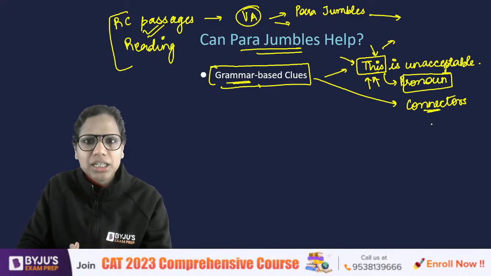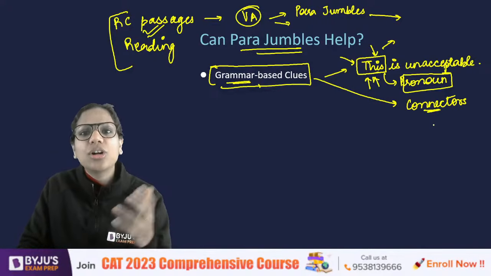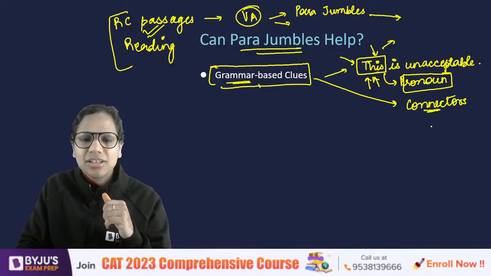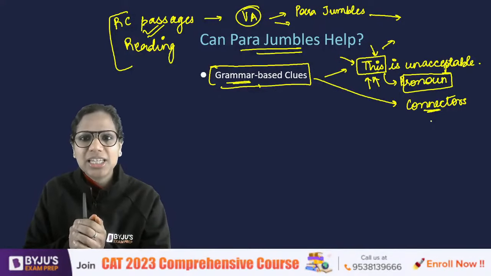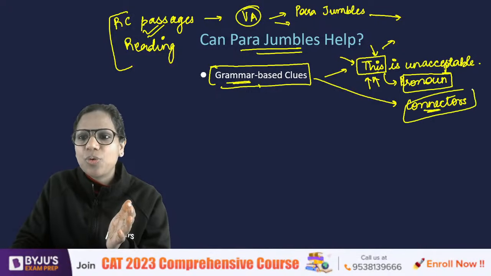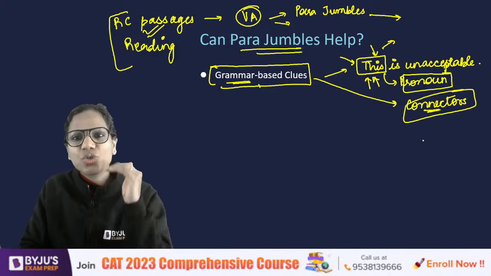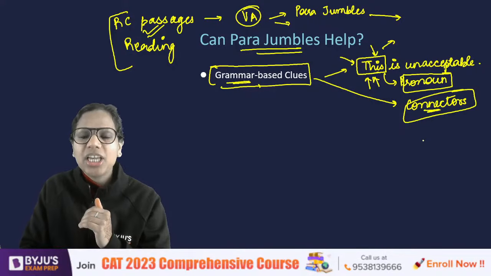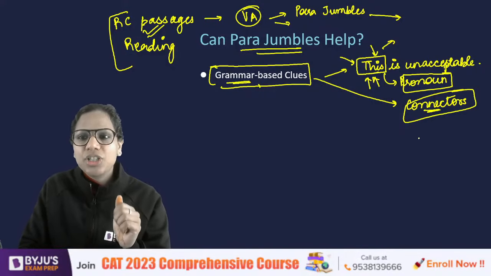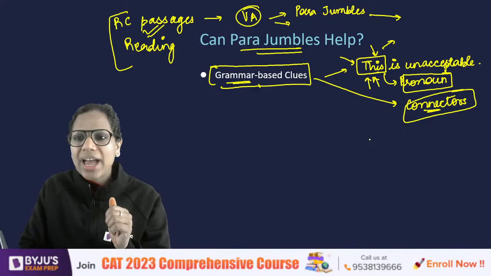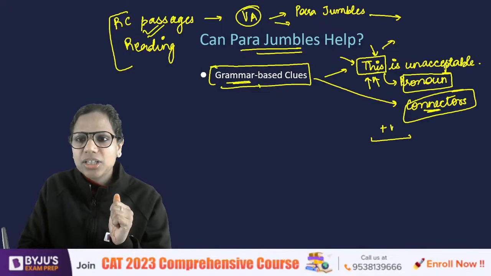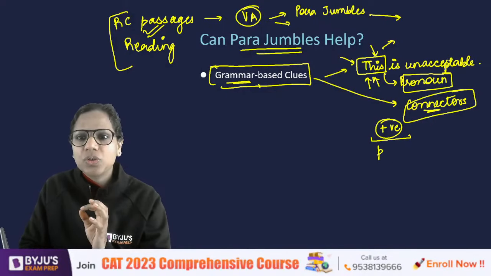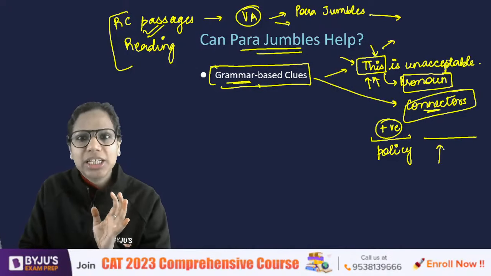Words such as but, as a result, on the contrary, additionally, they express specific logical relationships, right? So these connectors, always be on the lookout for them and arrange the sentences accordingly. So in para completion, for instance, let's say you gave a positive aspect of a certain policy, then there is a blank that you have to plug in.